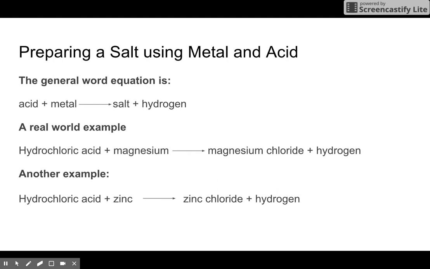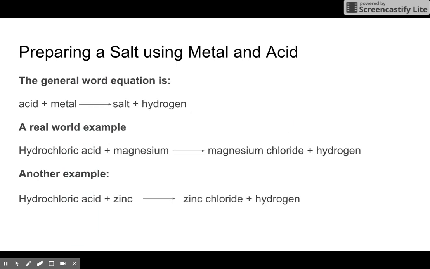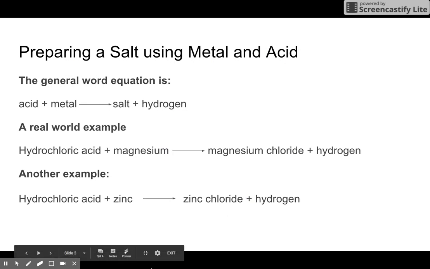In a few days, the rest of that water will have evaporated, and you'll see the magnesium chloride, and it'll look something like that, okay? You could also do the exact same activity with zinc.